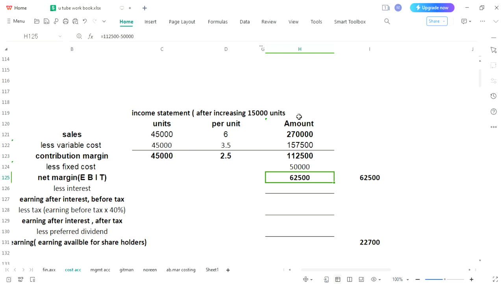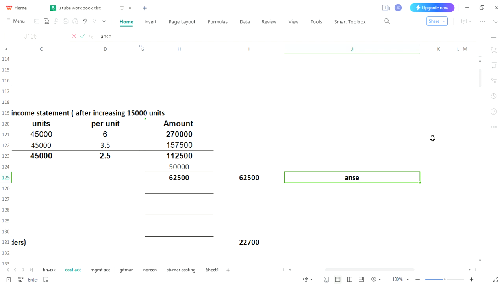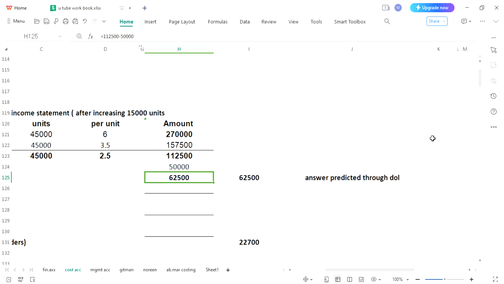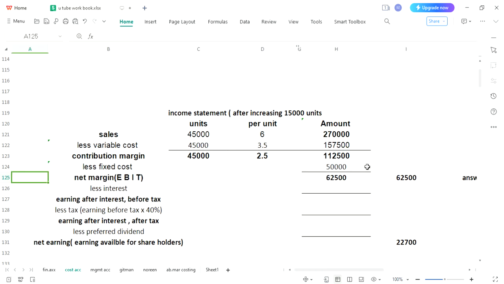This is the answer predicted through degree of operating leverage, and this is our answer calculated manually.